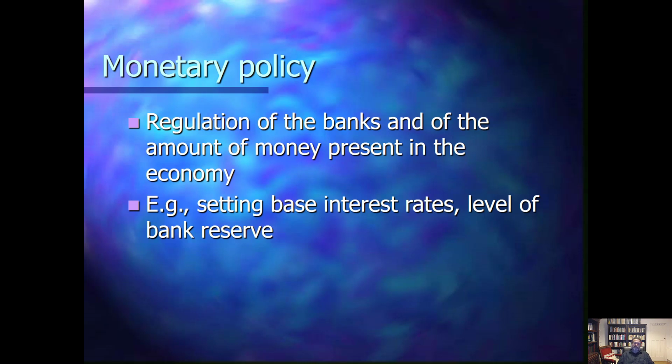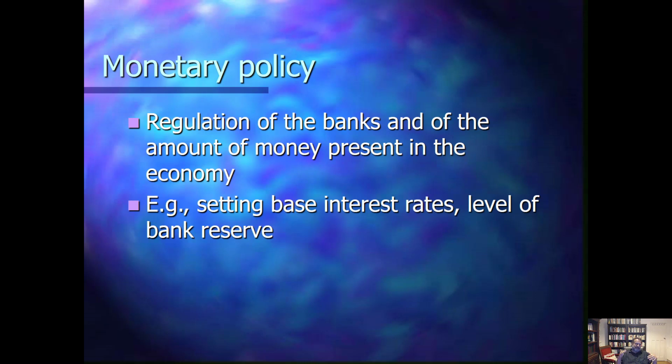Now, on the other side, there is the monetary policy, which is the regulation of the banks and of the volume of the money and the amount of money present in the economy. And this operates, for example, by setting the base interest rate.